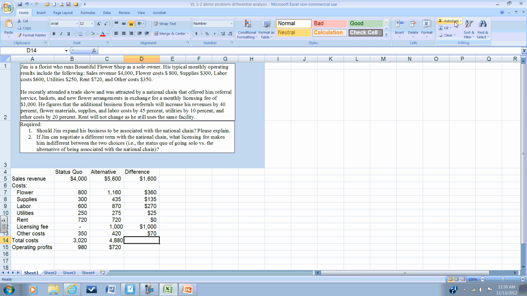And when we look at the differences, we'll see that for our increase in revenue, the additional cost to choose this referral service will result in a decrease overall in operating profits of $260. So we have to reject this proposal.